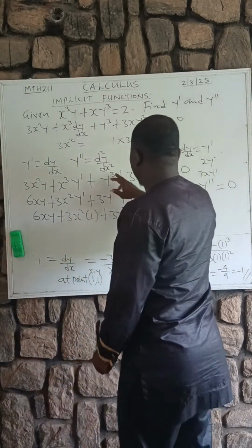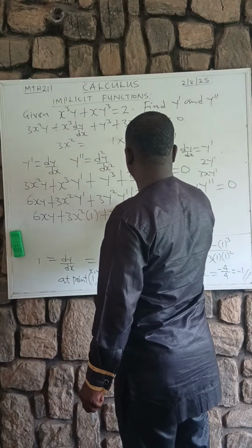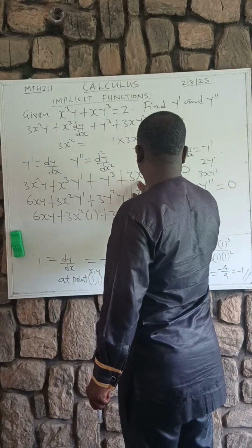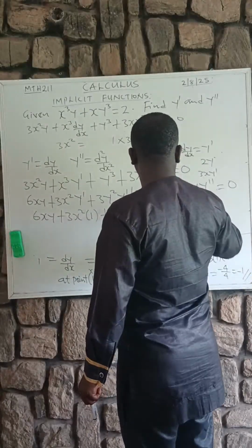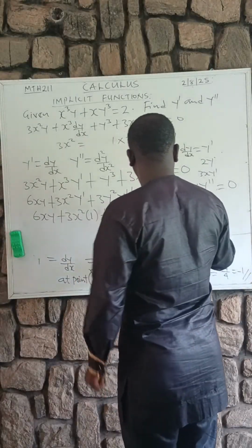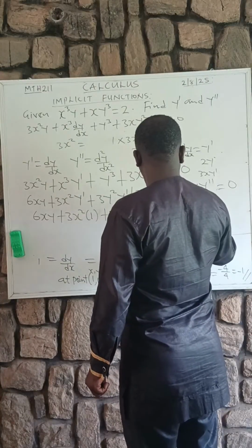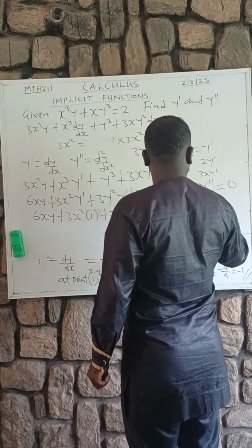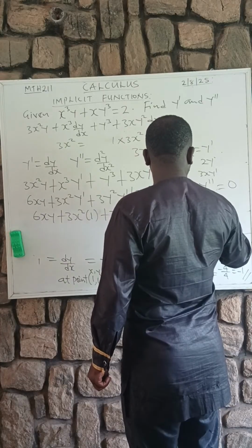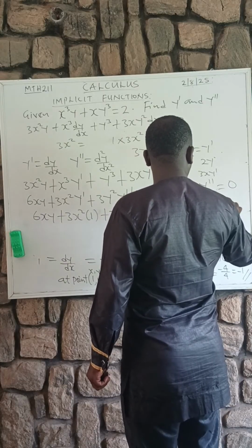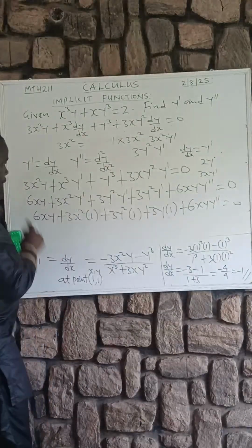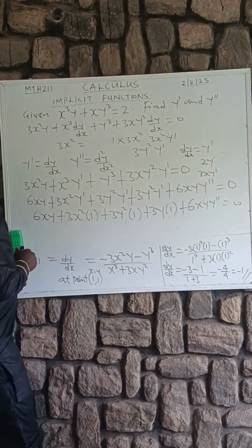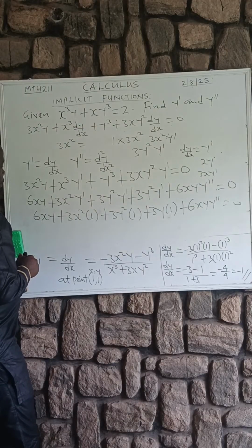Okay, when we differentiate this, we get this, right? Now differentiate this, we get this y prime. Then okay, yeah, 1, then plus 6xy y prime equals to 0. So far so good.